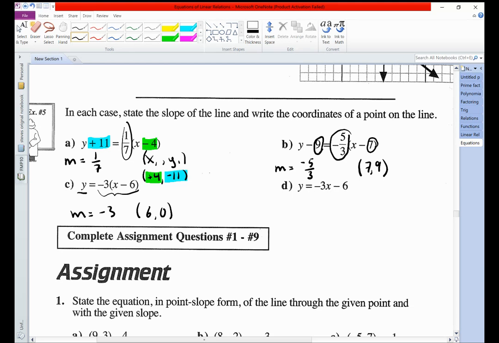So in this case, I think the easiest way to do it is to factor out negative 3. And what happens is I've got x plus 2. And now it's actually in point slope form. So I can say my slope is negative 3. And my point is going to be negative 2, 0.